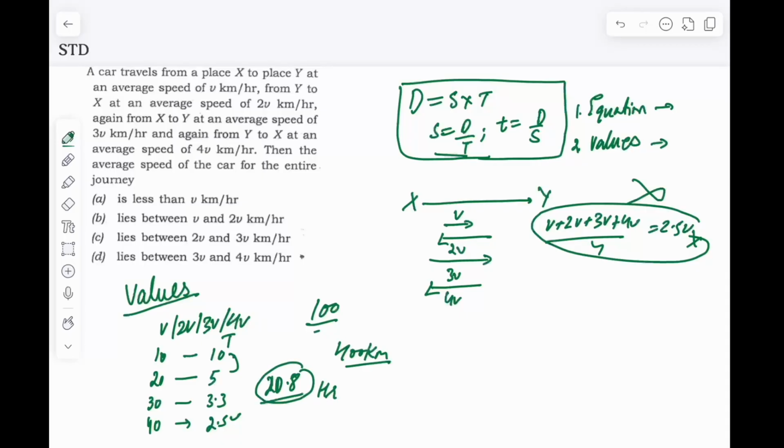So this is time and this is distance: you've spent about 20.8 hours on 400 kilometers. So what does it come out to be? We divide this and it comes out to be somewhere lower than 20, because 20.8 is more than 20, so the speed is less than 20. So it's something between V and 2V. So this could be the answer B. This is how we solve with values.